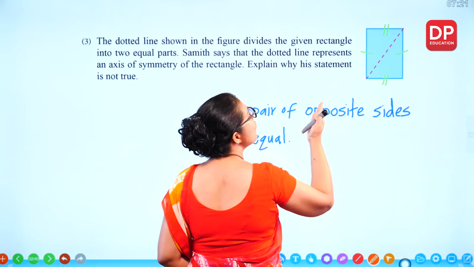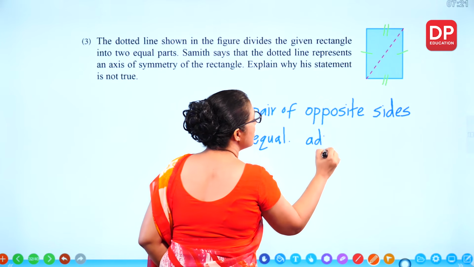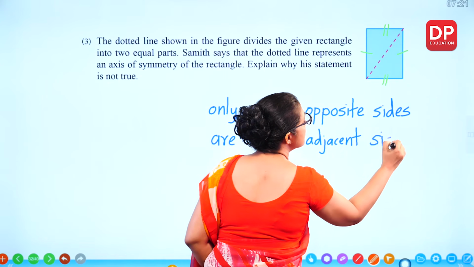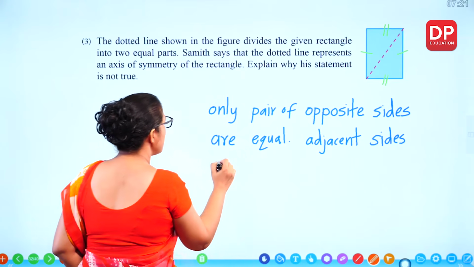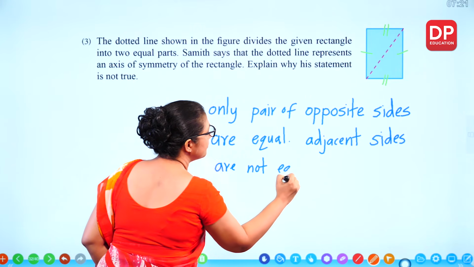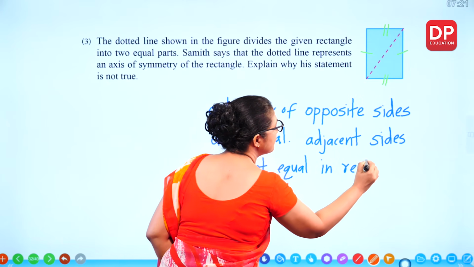That's why we can't fold along this line. Adjacent sides are not equal in a rectangle.